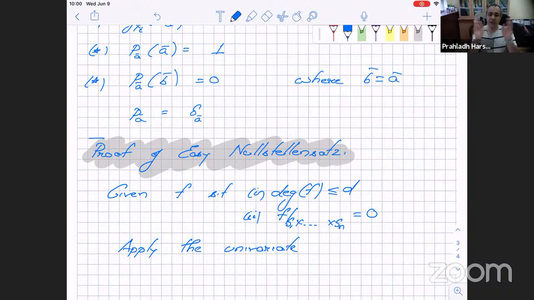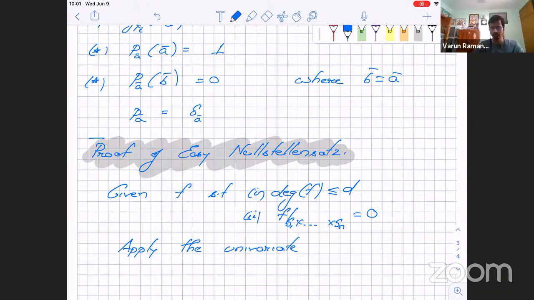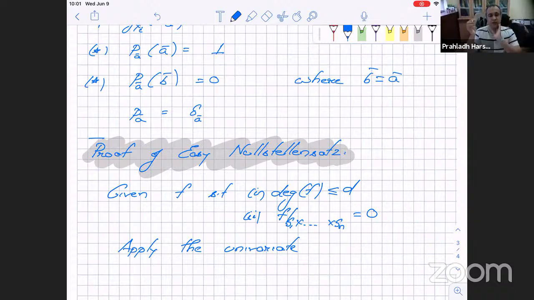If f had the feature that the individual degree of the ith variable was less than s_i, then we could appeal to the observation that we saw before and say that f is identically 0. But f could have very, very large degree. For example, a polynomial which does not satisfy this: just take f to be Z_{s_i} of x_i.